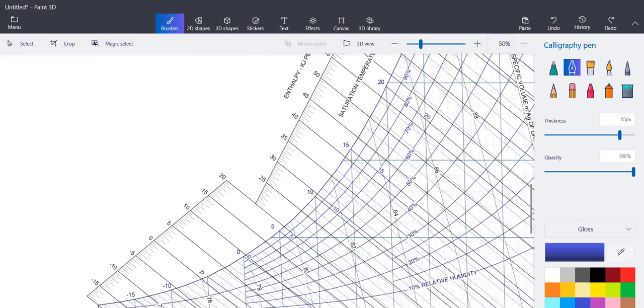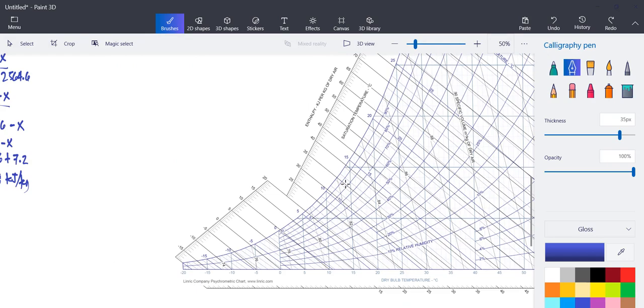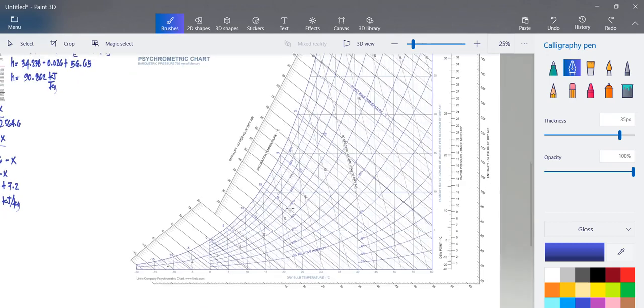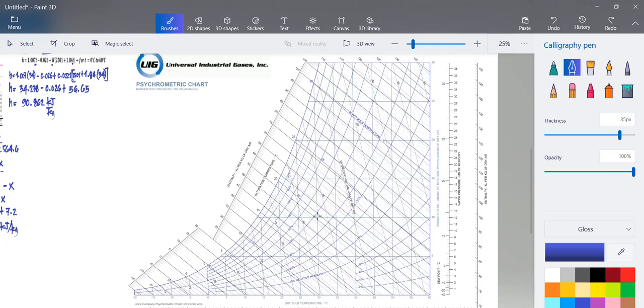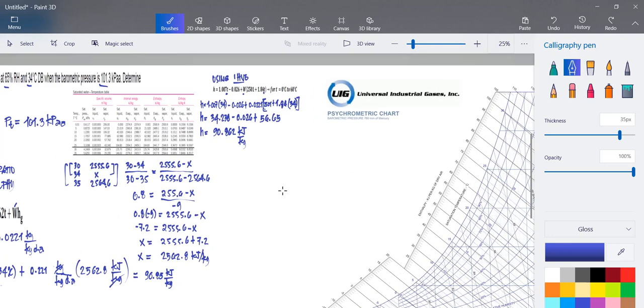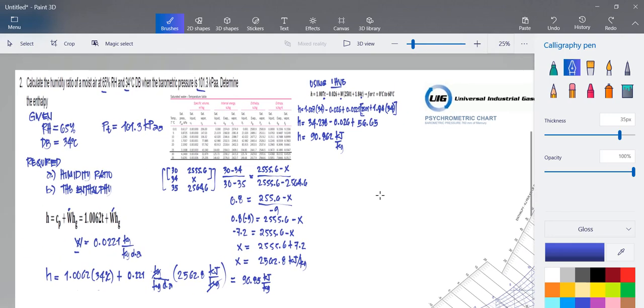Okay, so what I've done here, I brought down the psychrometric chart that we discussed earlier. Using the data we have, we plot the data to determine the enthalpy.